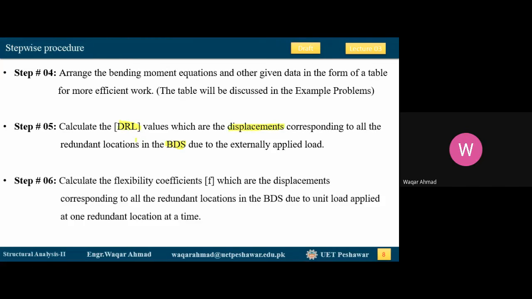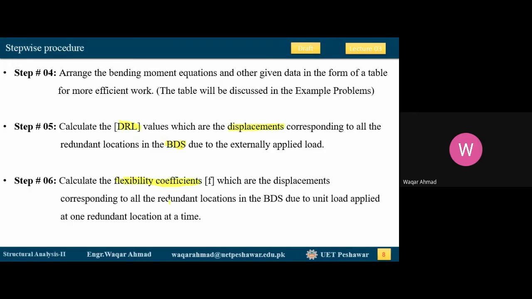Okay, in the next step, you have to find the values of the flexibility coefficient matrix, and the flexibility coefficient matrix are the same deformations, but the deformations are due to the unit load applied. So at one time you apply a unit load at one redundant location, and you find the deformations corresponding to the other redundant locations.